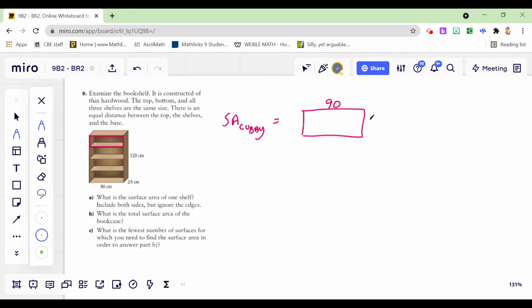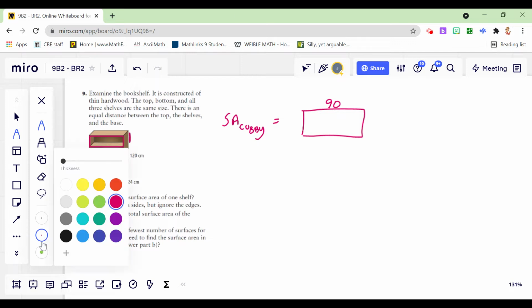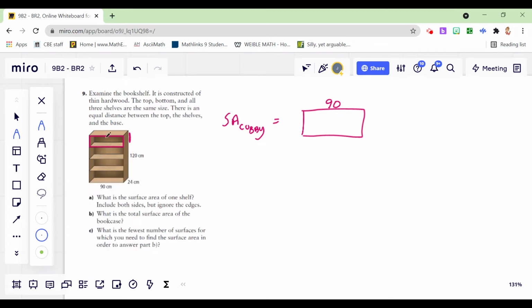And now, what is the height of this? So if we look at this, we want just that height. The height of the whole thing we know is 120. Okay, but the height of each shelf, of which there are, split into four pieces. Okay.